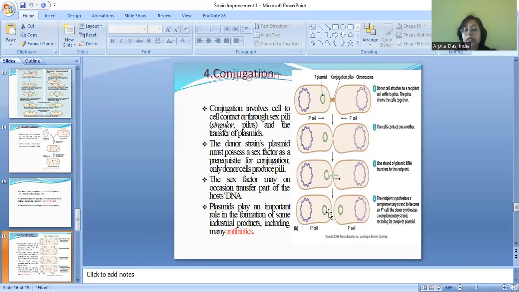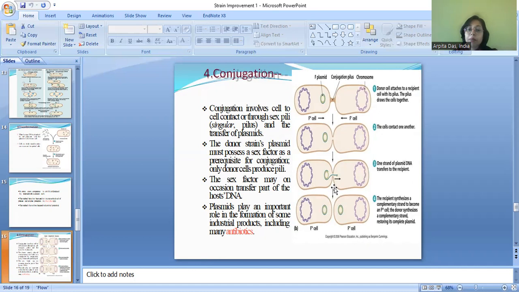After that, initially one was F plus and one was F minus, but after this conjugation is over, both of them became F plus. So this is the conjugation method. This cell was initially devoid of the F plasmid, but after this, it has the F plasmid, and the F minus cell becomes an F plus cell.